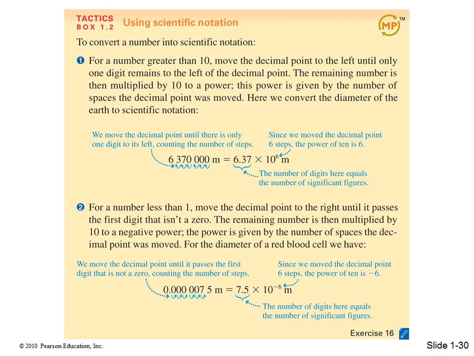And then go below to something really small like the diameter of a red blood cell. No one wants to write 0.00000, and teachers don't want to look at that either. We don't want to see all those zeros. So the nice thing is scientific notation is easier to look at, and also gives information as far as the number of significant figures in that measurement. For the red blood cell, 7.5 is the number of significant figures.